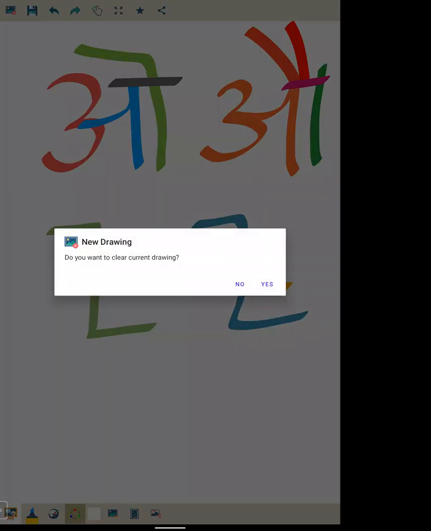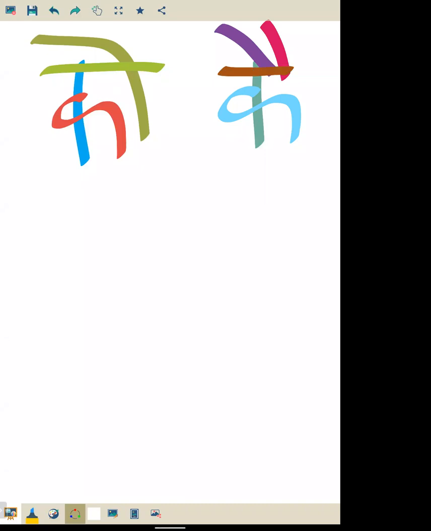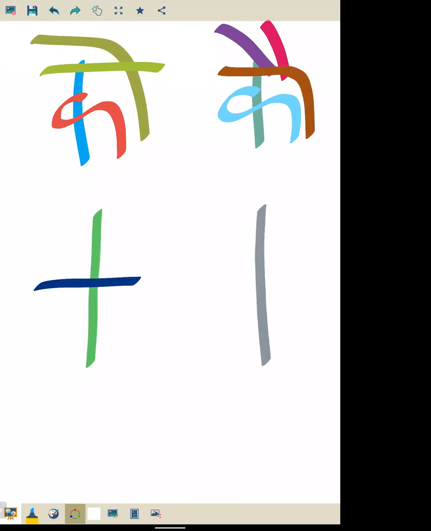Next step, we can have the ko and also cow. Okay, so ka, both ka you can see very clearly. So ko: one stroke on the top, one in the middle to the right.